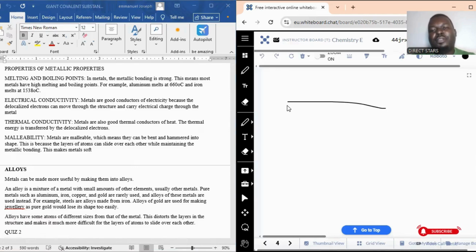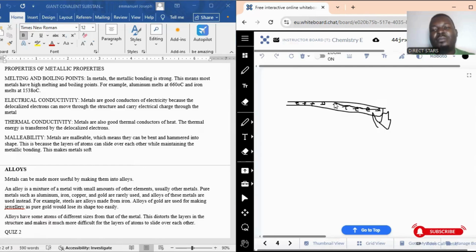You have your rod here, and then you have your fire here. This iron rod is a metal. So this metal has what we call delocalized electrons. This E represents your electrons. So immediately they come in contact with heat or electricity, the electrons, they are mobile.